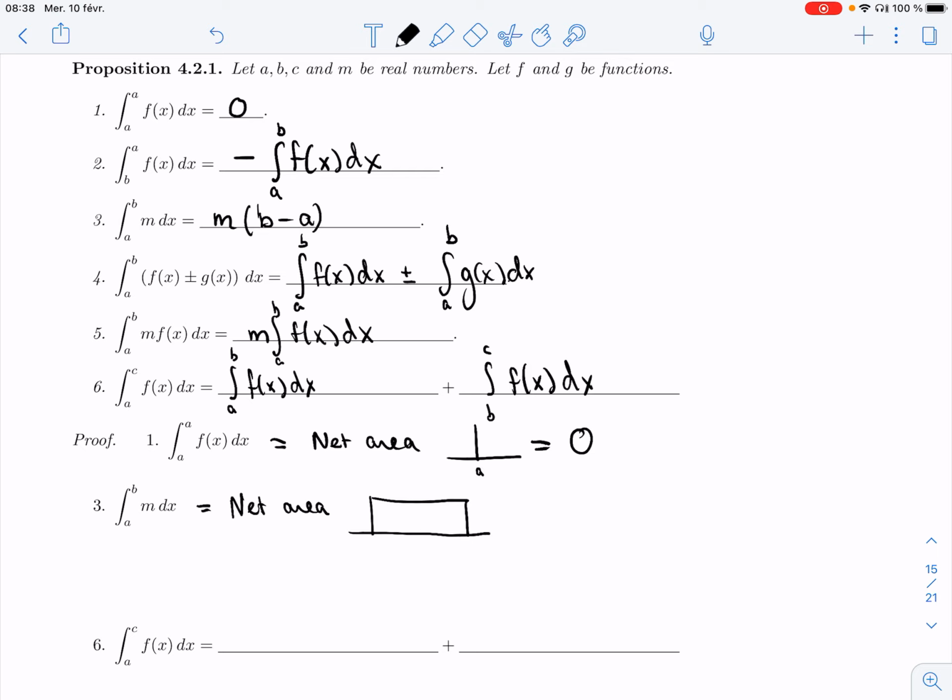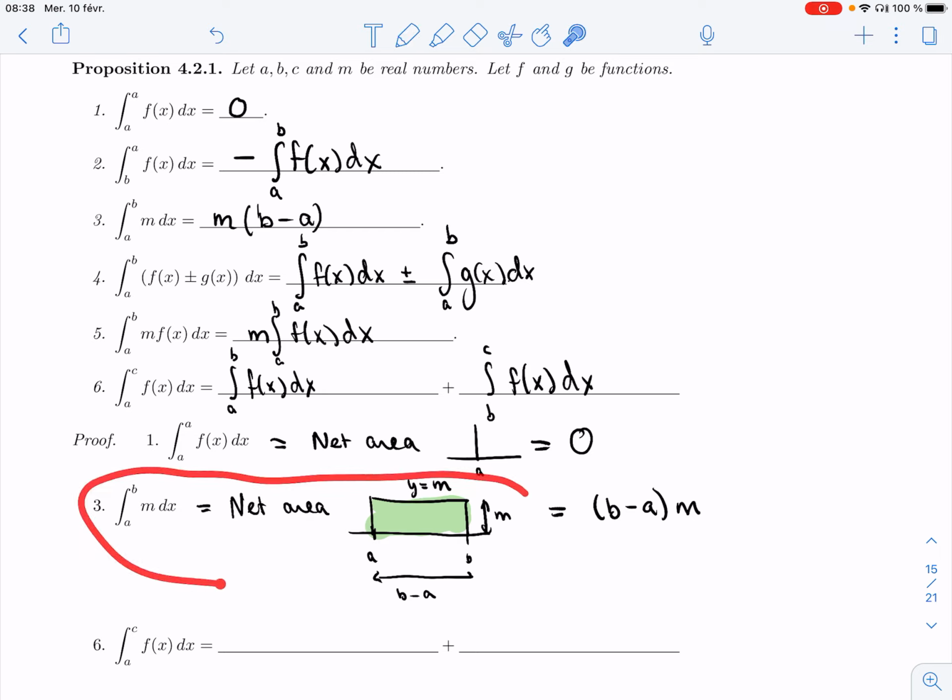You could do m negative and it would work as well. So here, this is y equals m. That's a straight line, so this height is m. I'm going from a to b, and so the width is b minus a, and that's why the whole thing is b minus a times m. All right, so this is a helpful picture. If you're integrating m, you're really calculating the area of a rectangle.